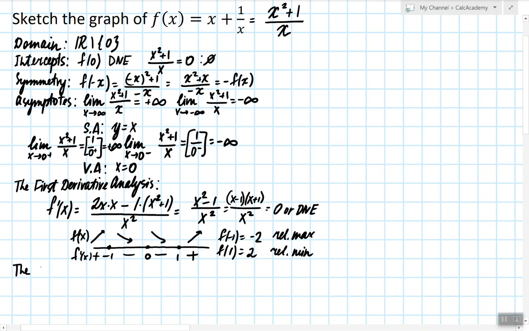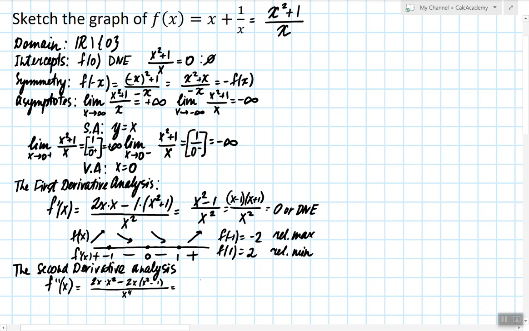Next we do the second derivative analysis. To do the second derivative analysis, we have to find the second derivative. The second derivative is the derivative of the numerator, 2x, times the denominator, minus the derivative of the denominator times the numerator, all divided by the square of the denominator.